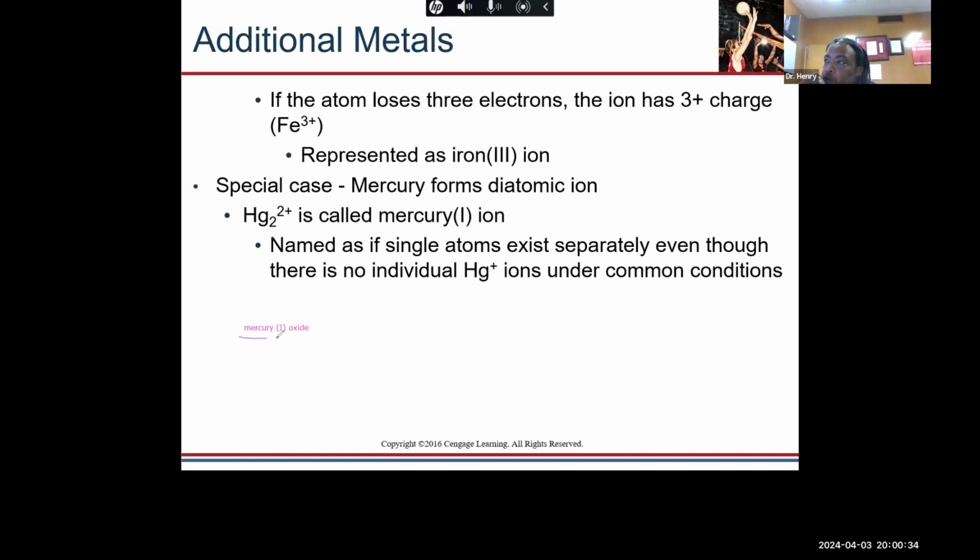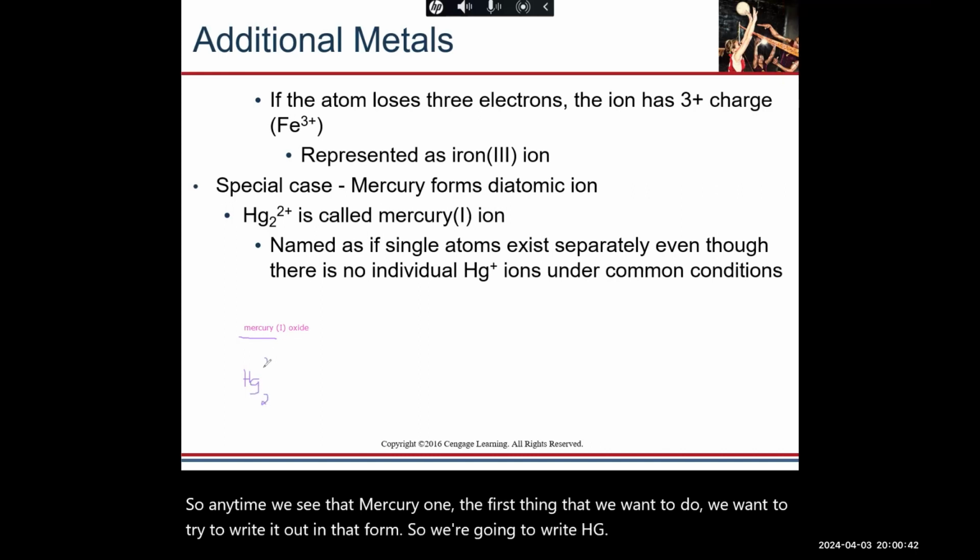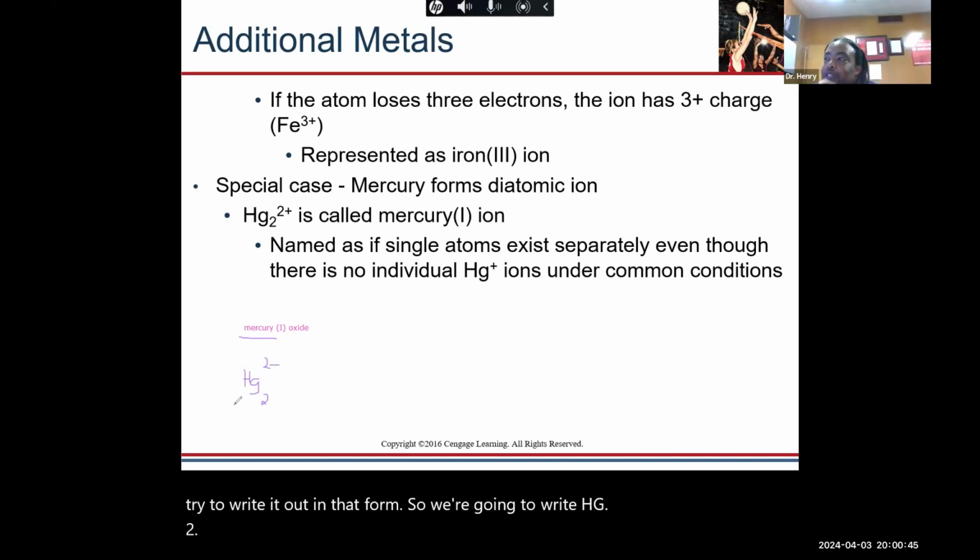So anytime we see mercury 1, the first thing we want to do is write it out in that form. So we're going to write Hg2 2 plus, and then O. That's right.